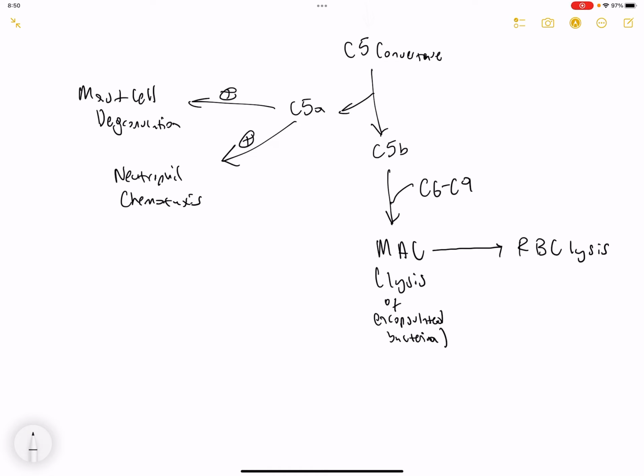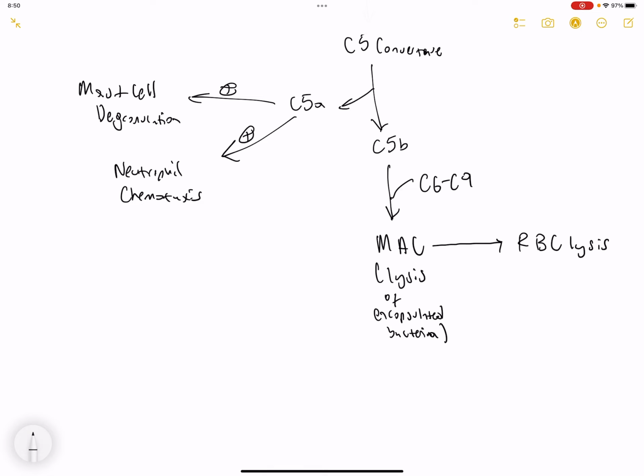But luckily we have proteins called membrane inhibitor of reactive lysis, or MIRL, as well as decay accelerating factor, or DAF, that can inhibit this process so that there's no membrane attack complex forming on the red blood cell surfaces.